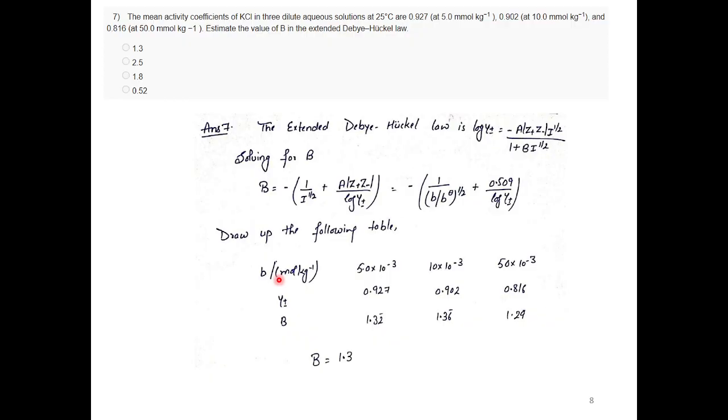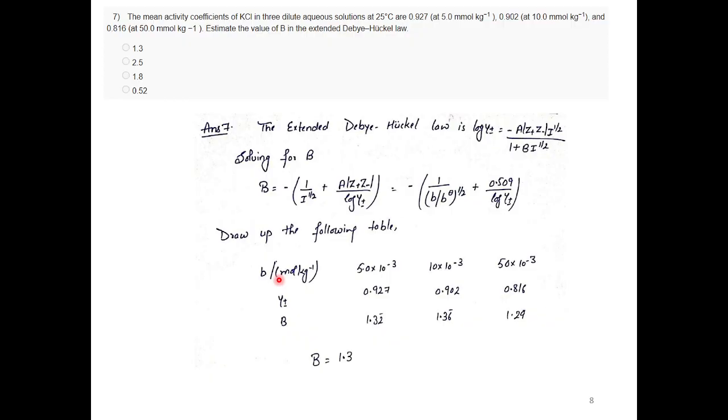But for a real solution, when there is an interaction of the ion with a different species, some parameters have to be accounted for. So for that this b is coming, and you need to find the estimated value of b in the extended Debye law, right?